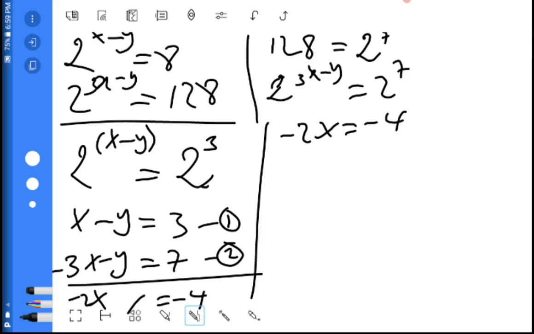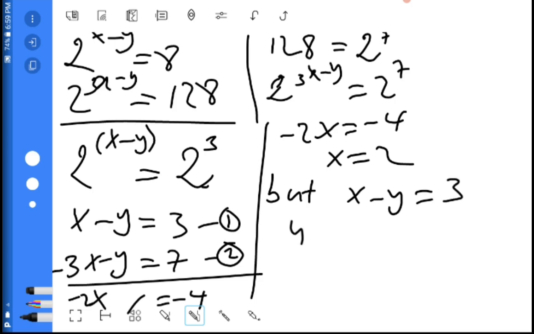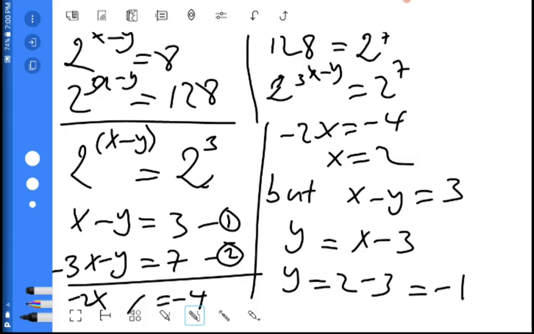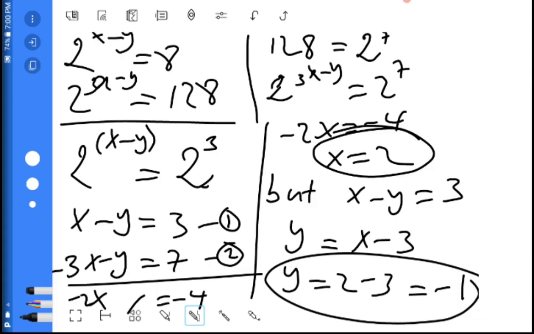You divide both sides by negative 2, and you have that x is equal to 2. But from equation 1, you have that x minus y is equal to 3. From there, y is equal to x minus 3. y is 2 minus 3 because x is 2, which is negative 1. So we have that x is 2 and y is negative 1. And work is done.